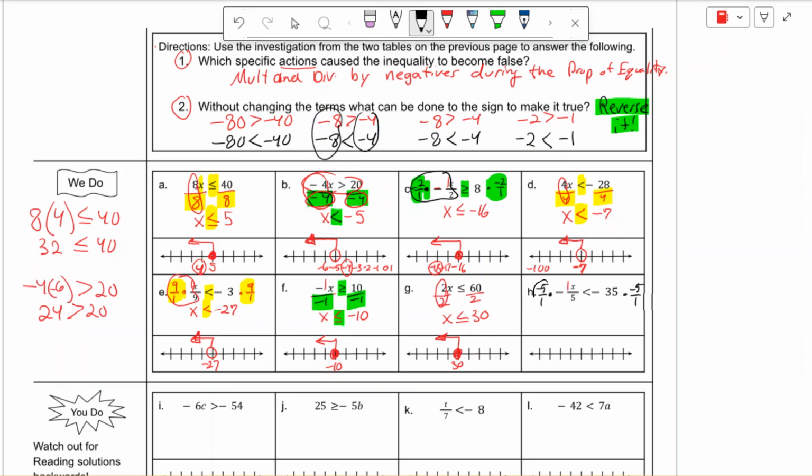This gives us a nice giant number 1. A negative times a negative is a positive, and 5 over 5 is 1. So x has been set free. Negative 35 can be changed into a fraction if you like. A negative times a negative gives you a positive number. 35 times 5 is, I think it's 175.